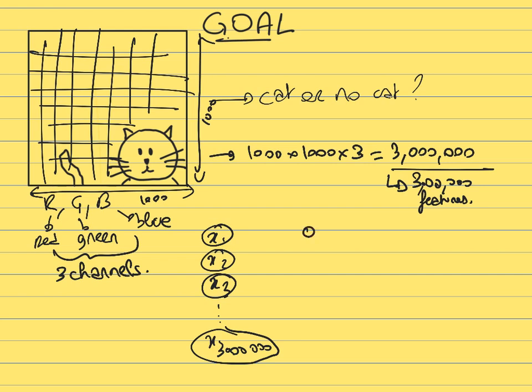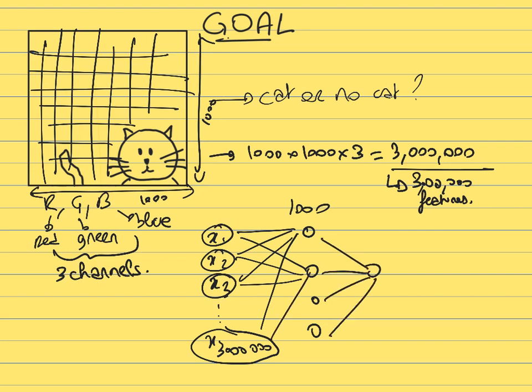Then they would be connected to some hidden layer neurons. So for example, let's assume that you would use 1,000 hidden layer neurons. So all those features would be connected to the neurons like this, and then at the end all those hidden neurons would be connected to the output neuron, and this output neuron would be the output of the model.